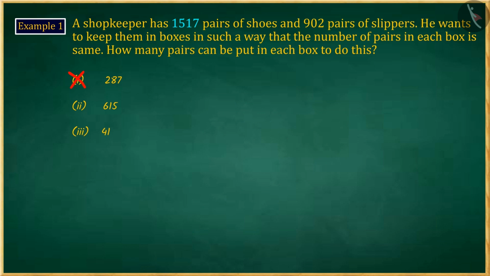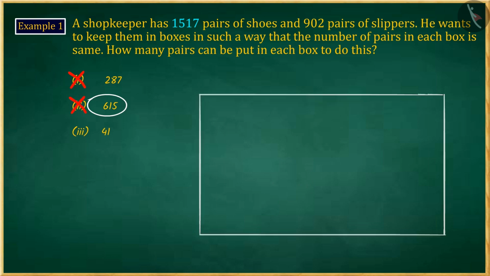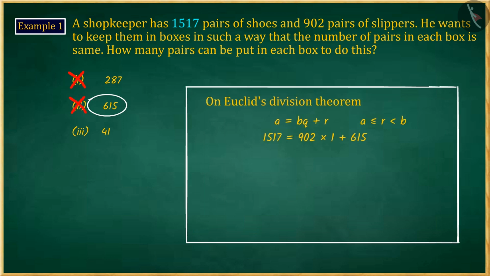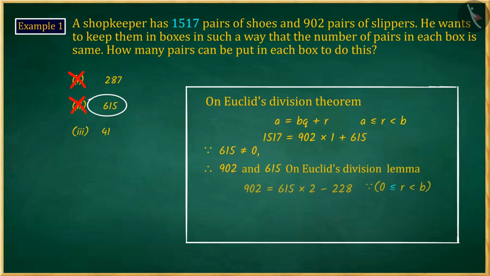If you have chosen option 2, then it's a good try, but this is also a wrong answer, because when you apply Euclid's division lemma again to the new divisor 902 and 615, you get a negative remainder, which is not correct, as in the lemma the value of r is not negative.